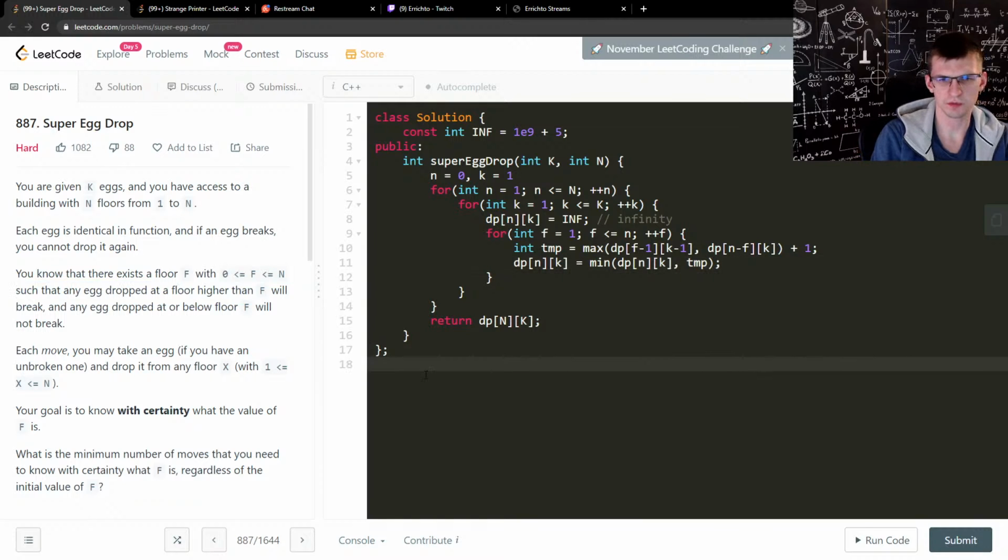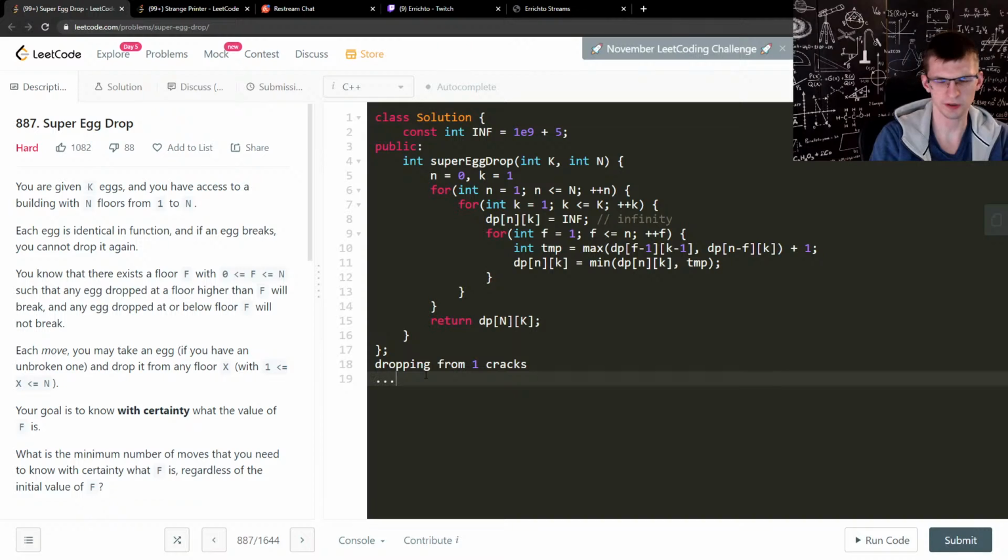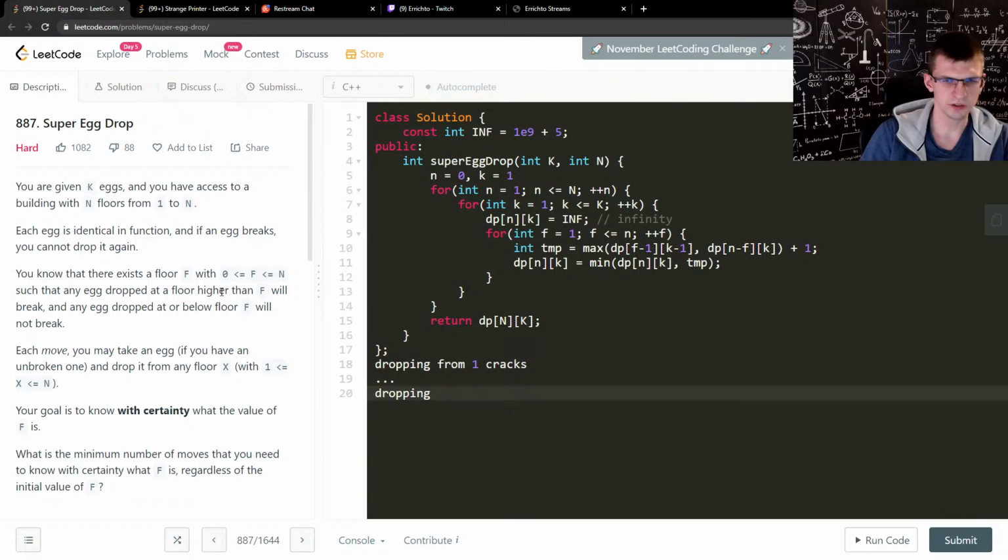So the smallest case is that even dropping from 1 cracks, maybe dropping from 2 cracks, and so on. And the last case is that dropping from any floor up to n doesn't crack, so dropping from the non-existing floor n plus 1 cracks. This is equivalent to just saying the egg doesn't crack at all.